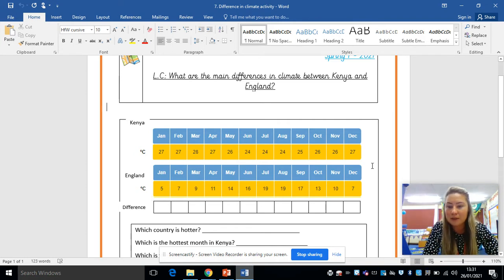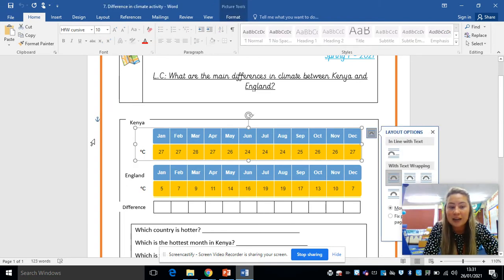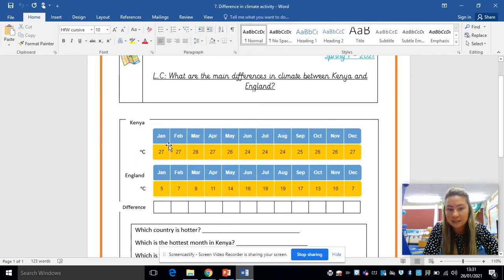Now, to give you a bit of a clue, this temperature here, 27 degrees, is very hot and it's like bikini weather. Whereas in January here at the minute, 5 degrees, it's about how cold it is outside at the moment, okay? So there's a big difference between the climate, and we already know why this is because we've discussed this, and that's because Kenya is closer to the equator, isn't it?